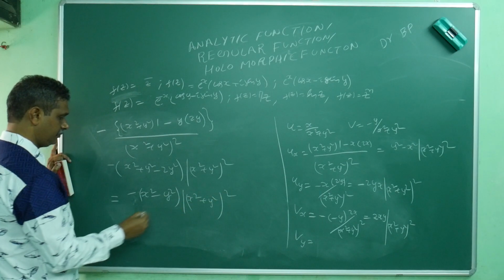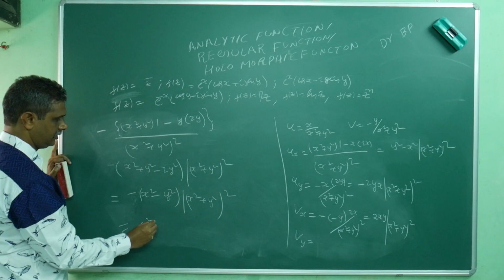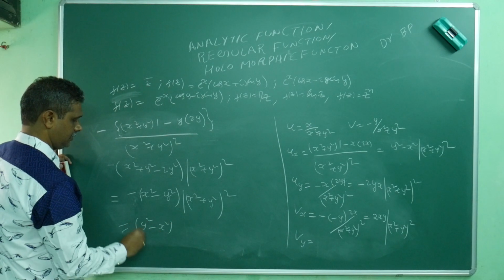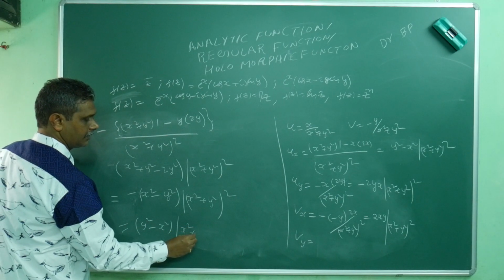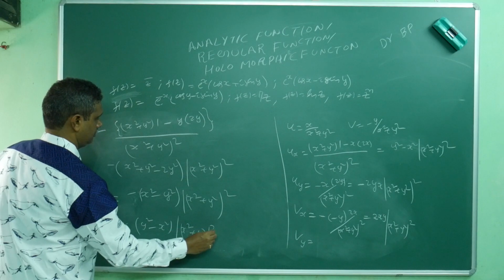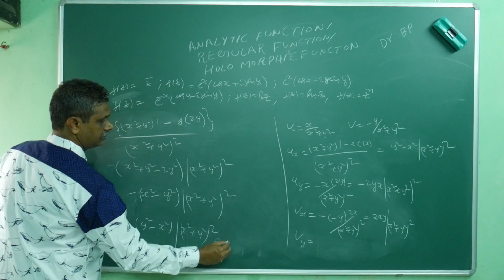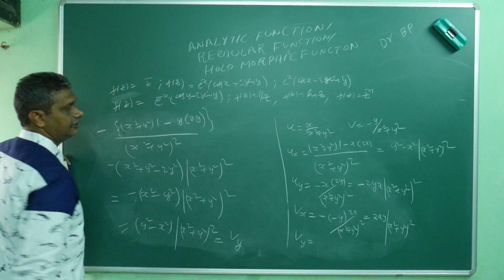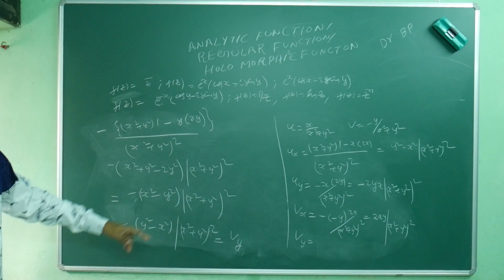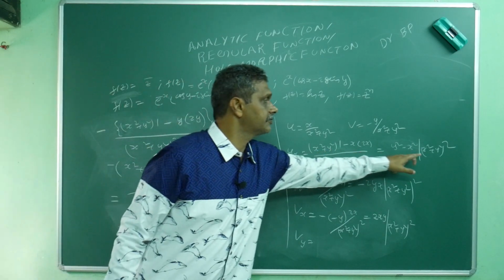If you take minus inside, what will you get? y square minus x square by (x square plus y square) whole square, that is vy. Now we see what is my ux? y square minus x square by (x square plus y square) whole square.